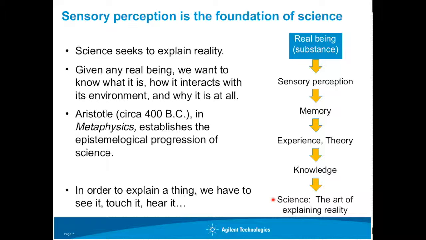Nevertheless, that knowledge had to begin with sensory perception at some point, even if I'm not the one actually doing the sensing. So in summary, if we want to do science, if we want to explain a thing, we really do have to first see it, touch it, hear it, taste it, etc.